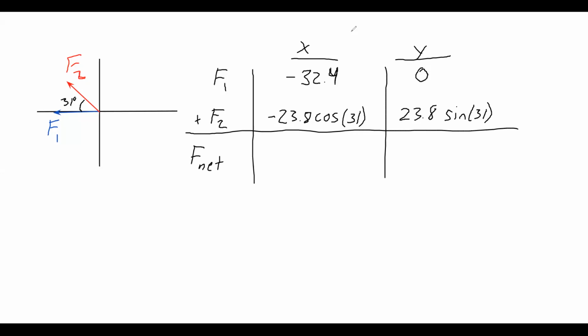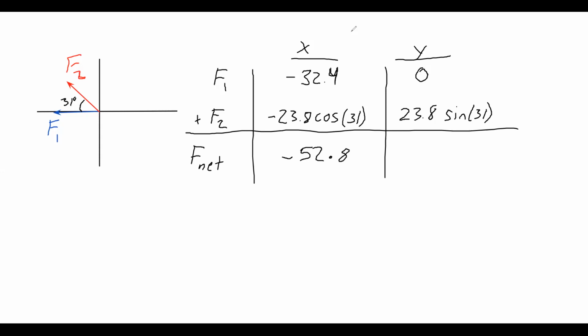So negative 32.4 minus 23.8 times cosine of my angle. Okay, so I'm getting a negative 52.8.